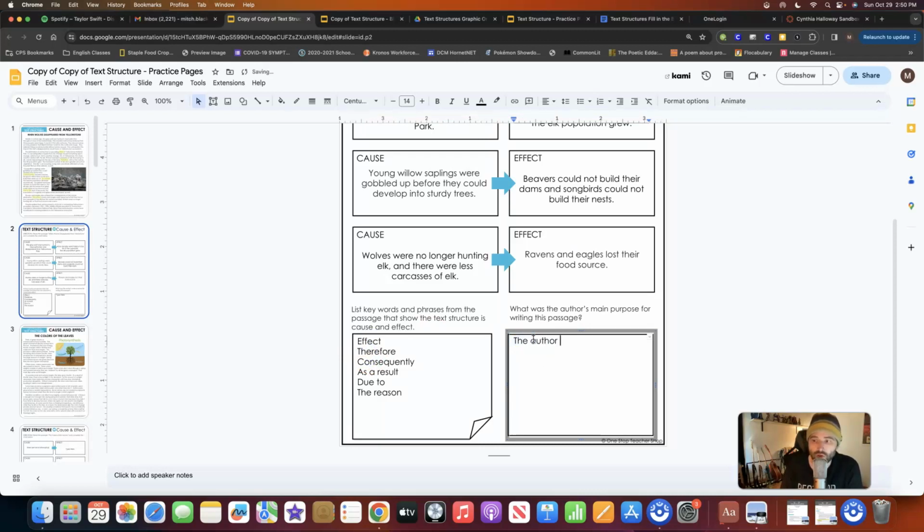So looking at this, the author wants to show us something with a cause and effect relationship. I always want to start with "the author wrote the text," or "the author wrote the article," or "the author wrote this passage."